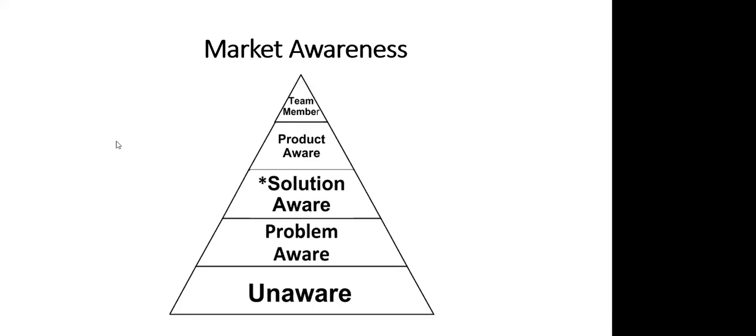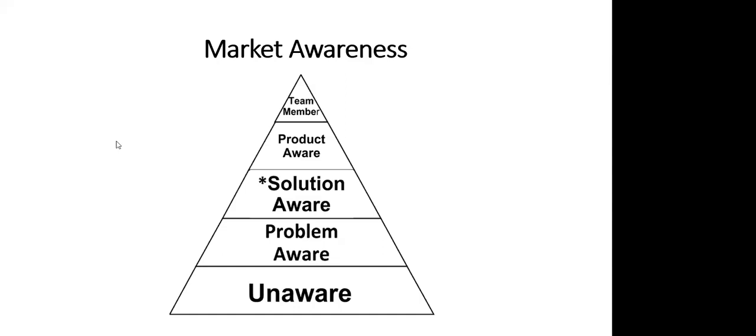They're unaware. If we go up a step, problem aware, this is the person who has something that shakes them and they become aware of the problem, whatever it may be. So their next step is looking for a solution. Now it's amazing, there's people out there that have all kinds of problems, but they're just not even aware. It's just not something that's on their radar right now.